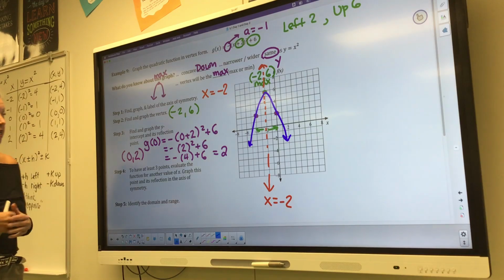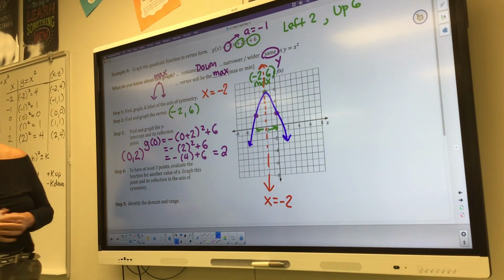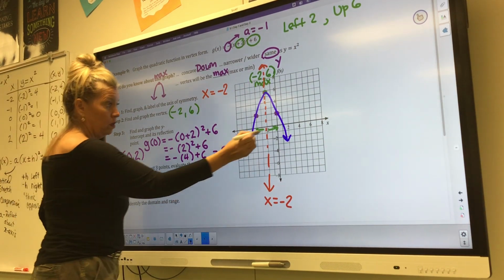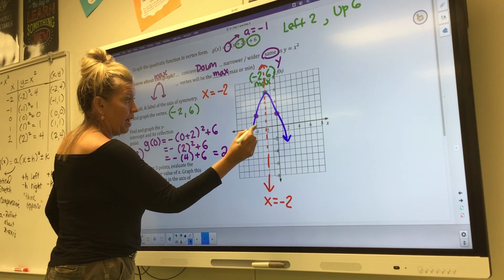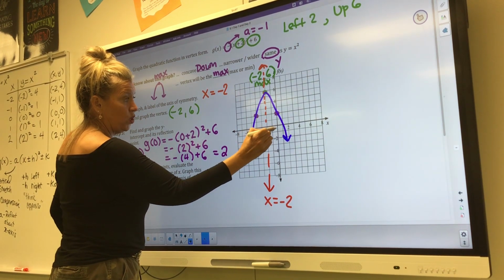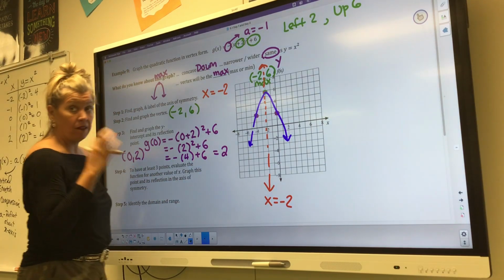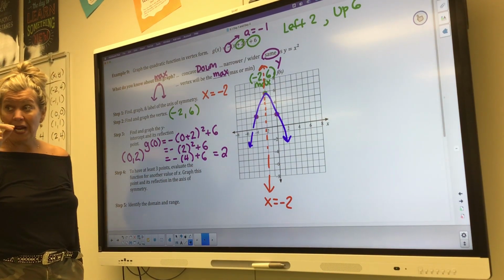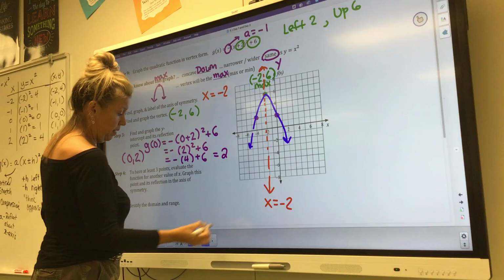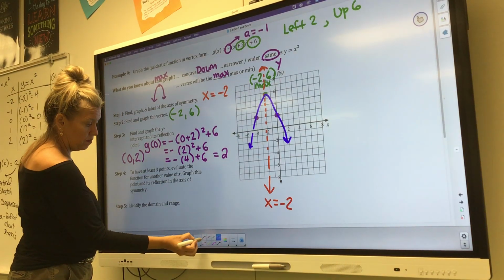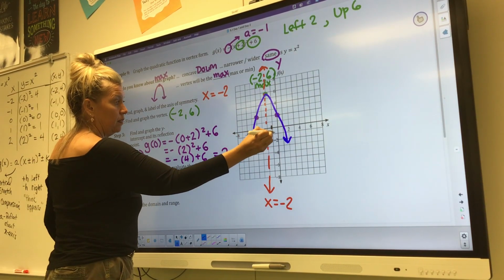Okay. Now let's find an additional point. So now you get to choose. So right now, I have when x is -2, when x is 0, when x is -4. So I'm going to choose when x is -1. Right here. Here's a -1.